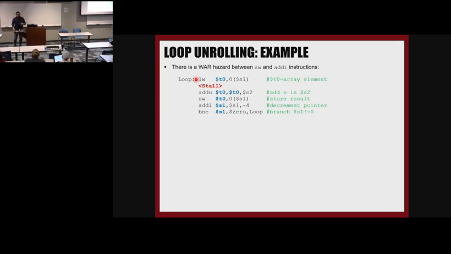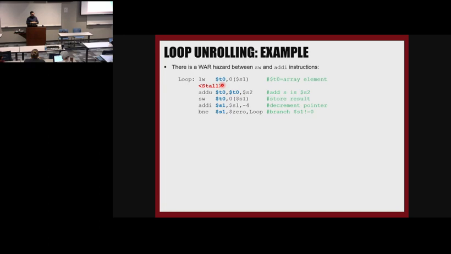We already know that when we do loop unrolling we changed the offset of load word and store word, right? That was part of register renaming, reordering, and so on. So we already know that we have access to the offset of the store word and load word. So now it gives me the possibility to move add immediate here and change the offset of the store word. Blake, what should be the new offset?